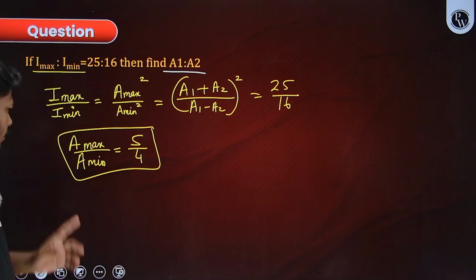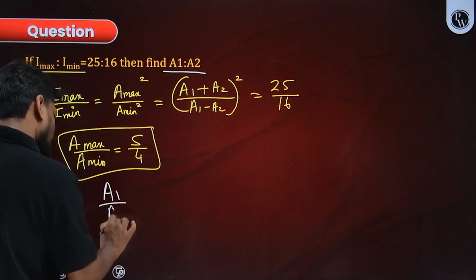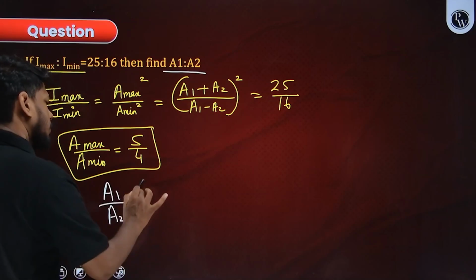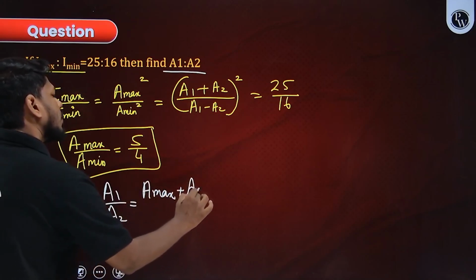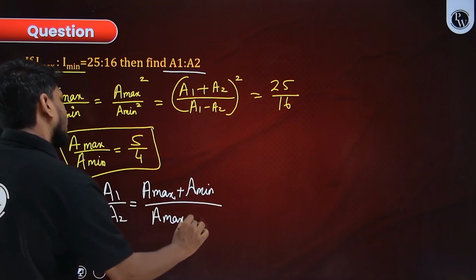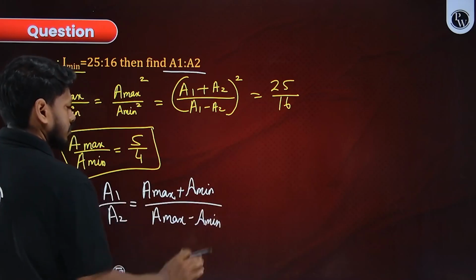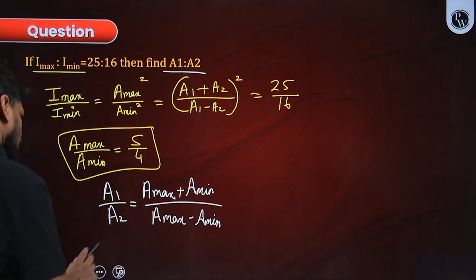Let me give you a shortcut trick. A1 by A2 is equal to A max plus A minima divided by A max minus A minima. Shortcut trick. Don't get confused.